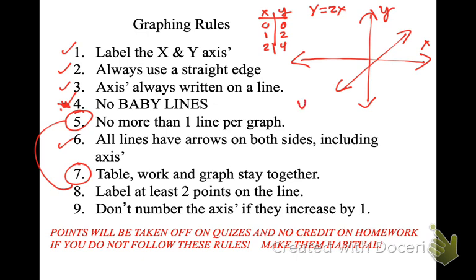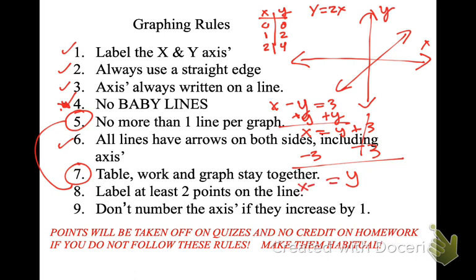Let's say the equation is x minus y equals 3. And you have to go add y, x equals y plus 3, subtract 3, subtract 3. Y equals x minus 3. And then you start doing it.